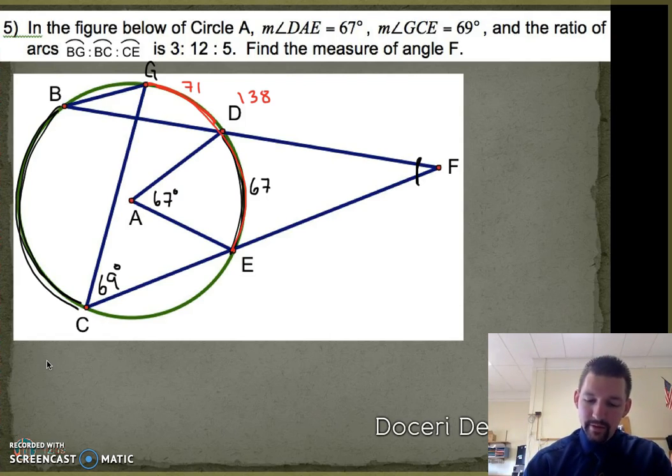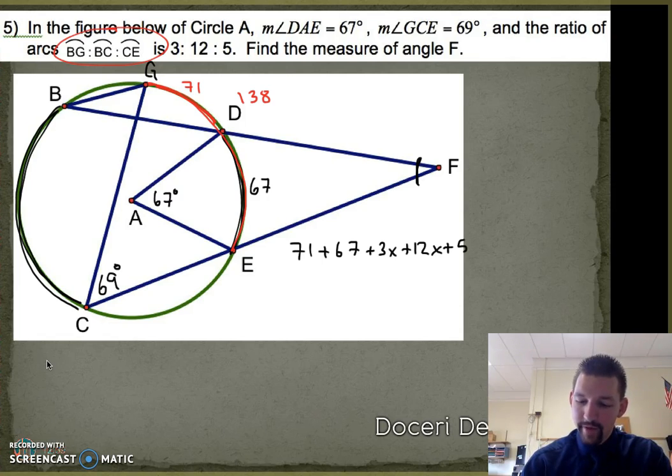Now, using GD, DE, and then our ratio right here, we can actually figure out what the other three arcs are going to be. So I'm going to have 71 plus 67, and then I'm going to use my ratio, plus 3x plus 12x plus 5x equals 360 degrees.